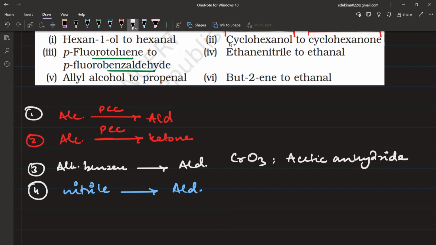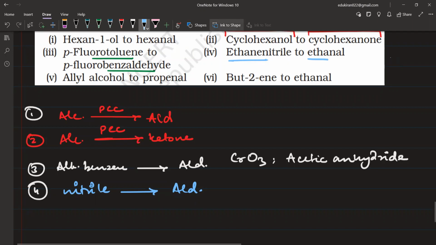Nitrile to aldehyde. I mean, see, the number of carbons is the same in both cases, right? Ethane nitrile and ethanal. There is a name reaction for this, nitrile to aldehyde, ना? आप ही पूछ रहे थे सर इसको कैसे याद करना चाहिए? The Stephen reaction. Stephen reaction, right? So what do we use in the Stephen reaction?